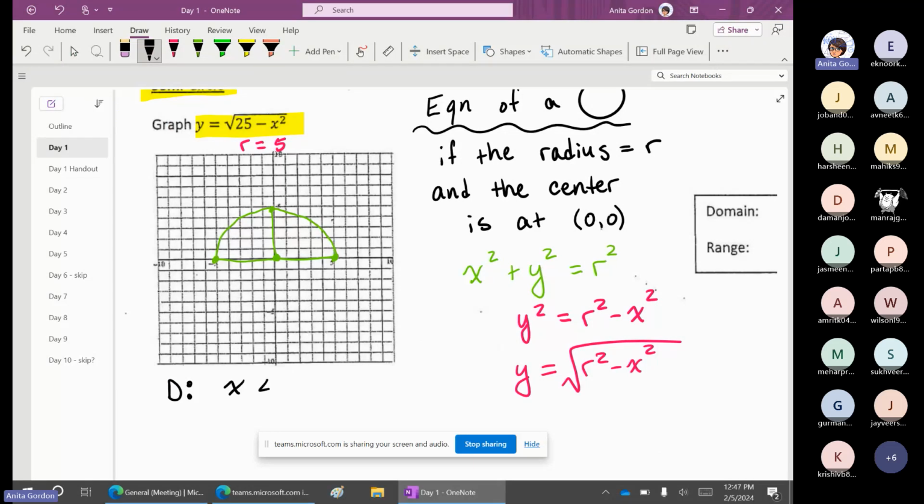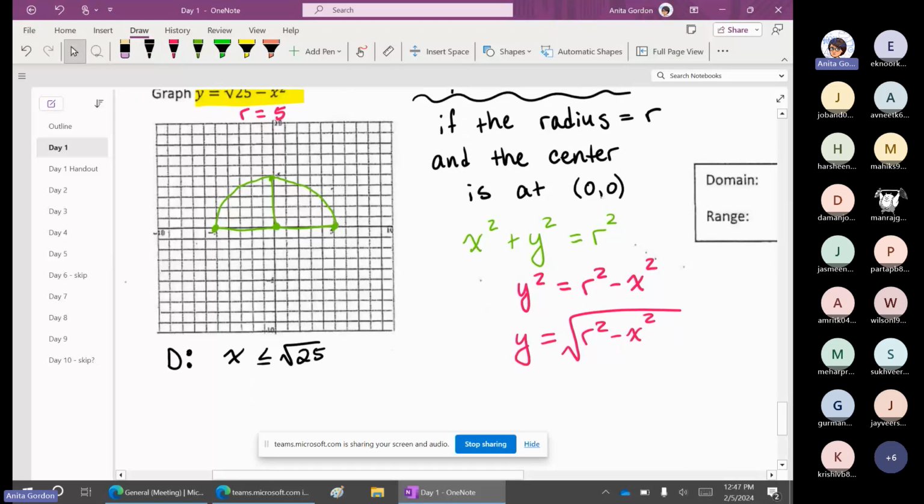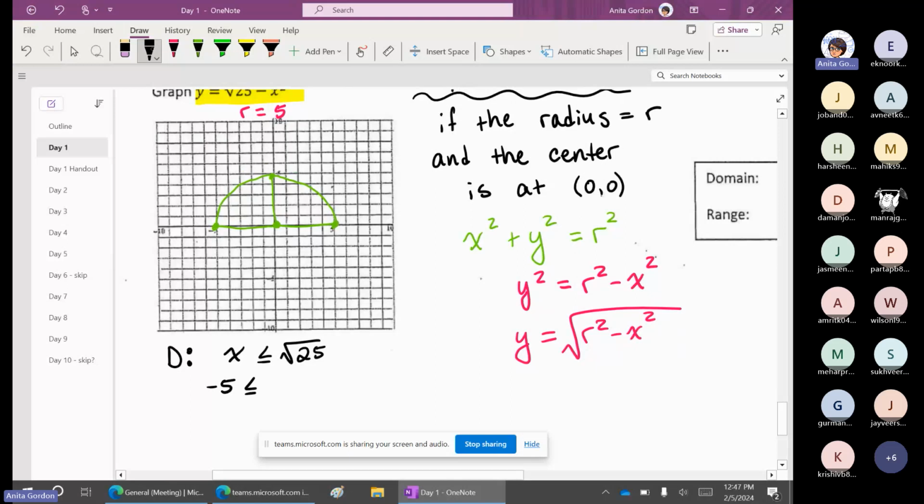X has to be less than or equal to the square root of 25. Or you can write it this way. X has to be between positive and negative 5 in this specific case, based on our picture. Right? Because when we take a square root, we get positive and negative number. So it's got to be between those numbers to work.